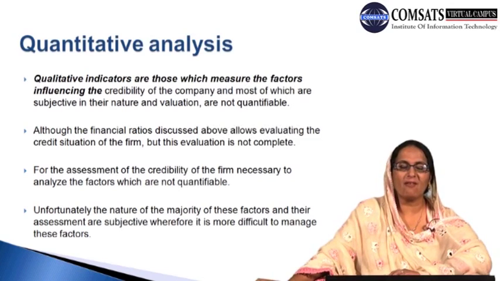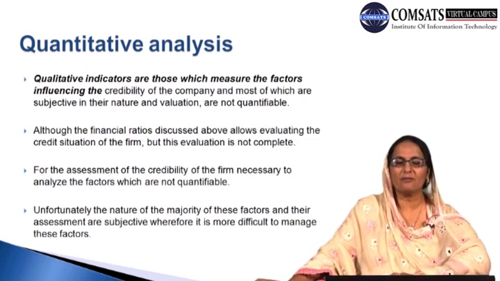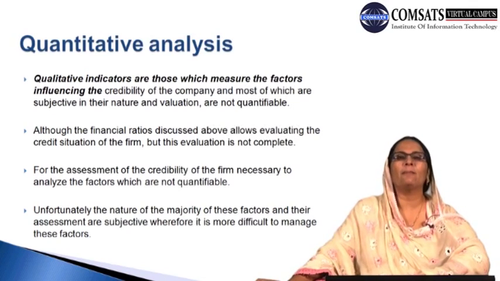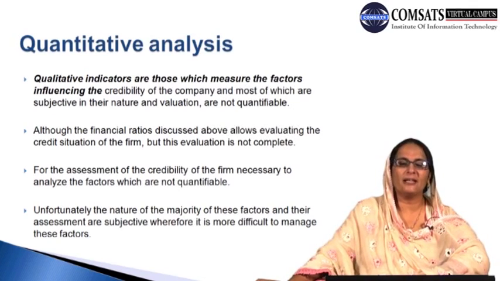So we can say that we have another type of evaluation of the bond market, another method with the help of which we can analyze the economic situation prevailing in the bond market. This is known as the qualitative indicator. And what are these indicators? These are those indicators which measure the factors influencing the credibility of the company.